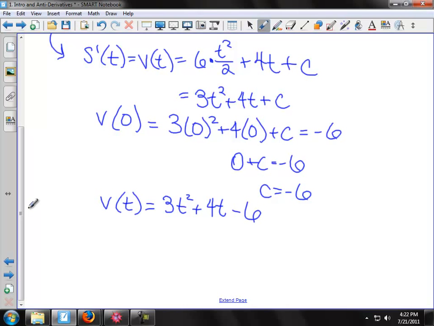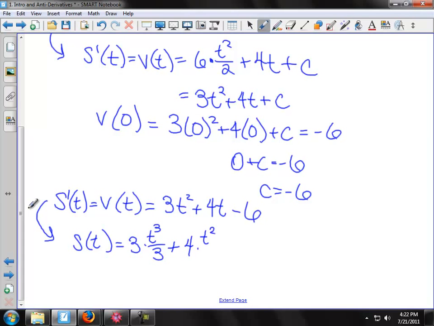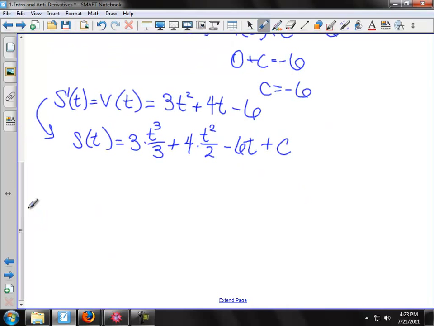Okay, so then if we want to go from velocity to position, remember that velocity is the derivative of position. So we're going to take one more antiderivative, and we're going to get position is 3 times t cubed over 3, plus 4 times t squared over 2, minus 6t plus c. Now this is a different c, so let's put a hat on it, c hat. That way we don't get them confused.